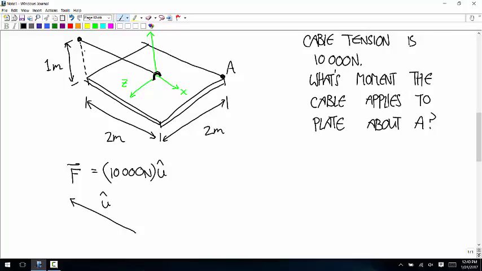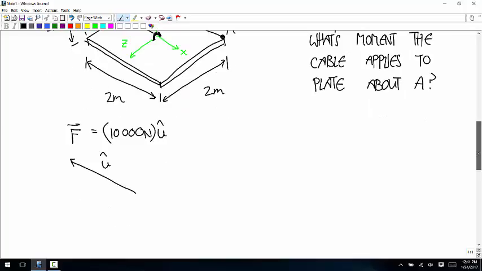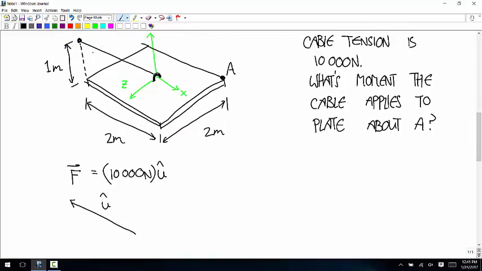Any questions about that direction? Okay, so now what we have to do is figure out a vector that goes from the origin to that point up at the top. So how far in the x direction do you have to go to get from the center of the plate to the wall connection?